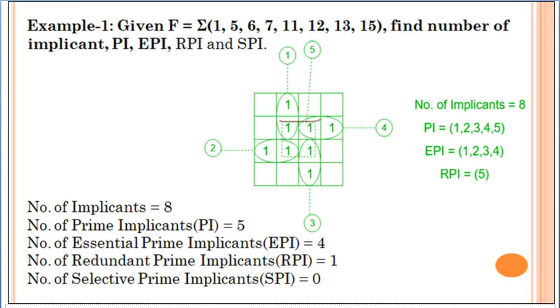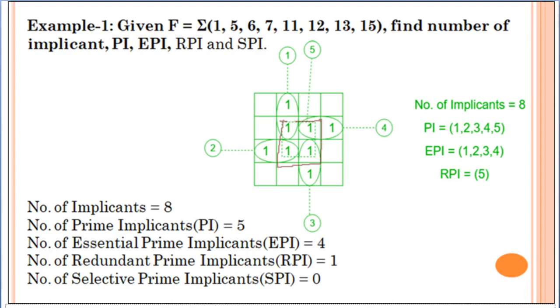As we see in that particular group, there are 4 members, and all 4 members are associated with other groups. That means all members of that prime implicant, group number 5, are associated with different groups.